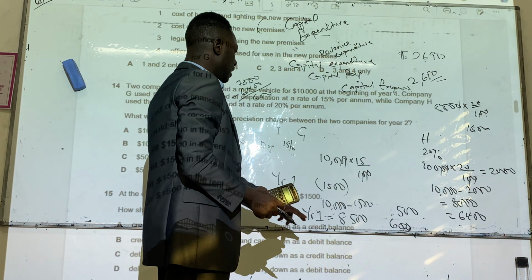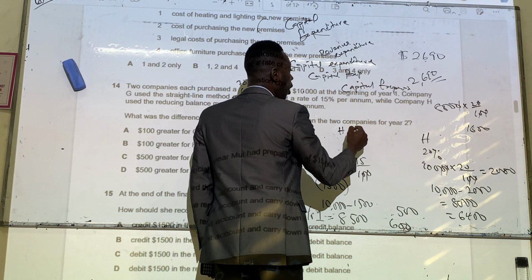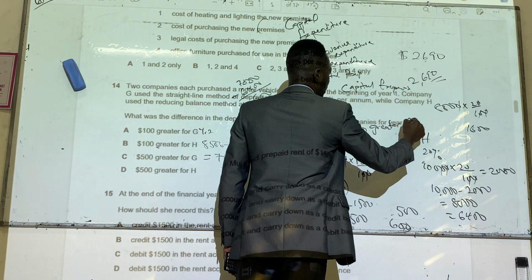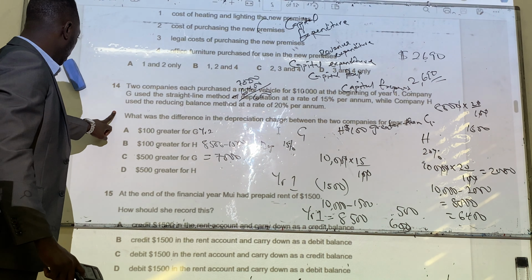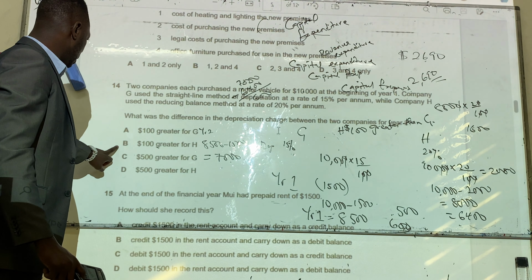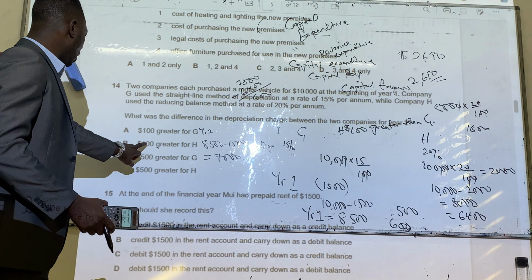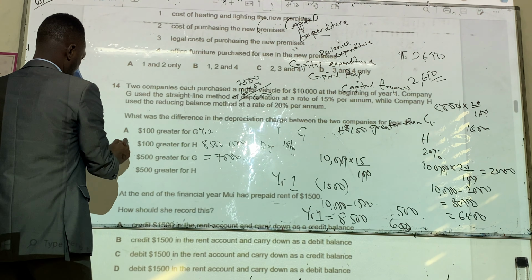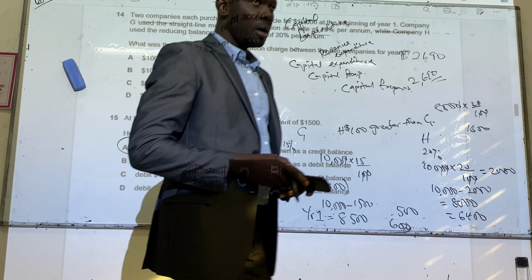So that means 600 minus 500, H is having 100 greater than G. So it's B. 100 greater for H is the same as 100 greater than G. So the answer is B. Thank you. Yeah, I'm done.